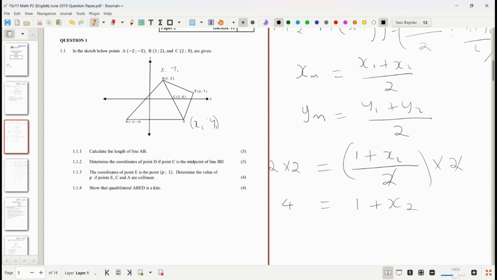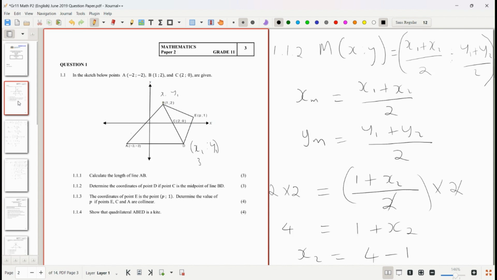And then x2 will equal 4 minus 1, which is 3, right? So we found our x coordinate here. x2 will equal 3, right?